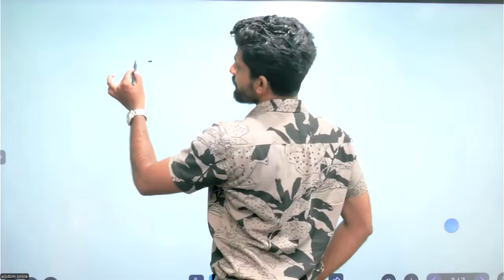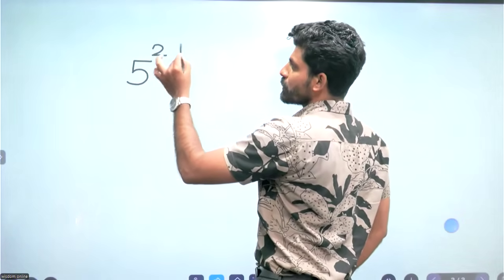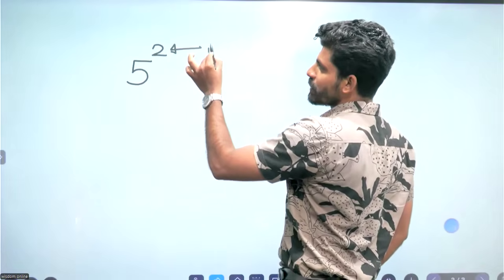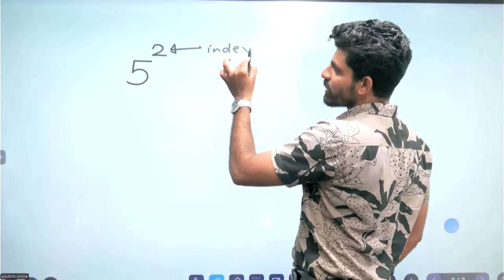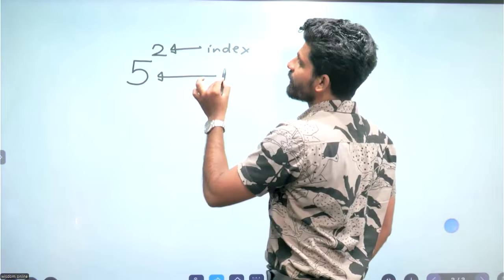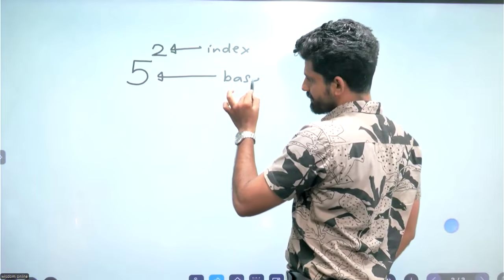5 to the power 2, that 2 is known as index or power. 5 is the base.